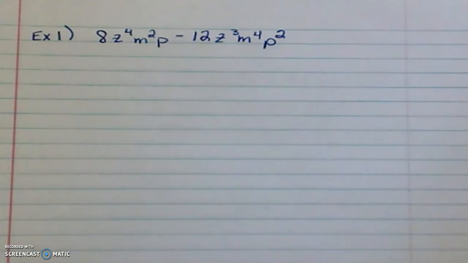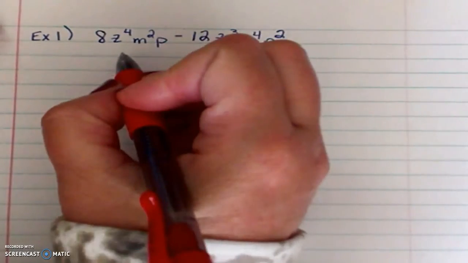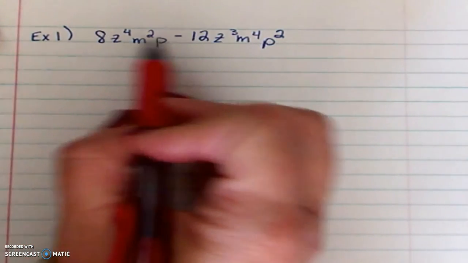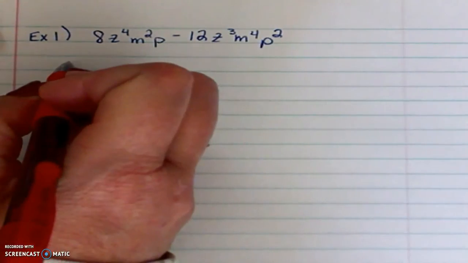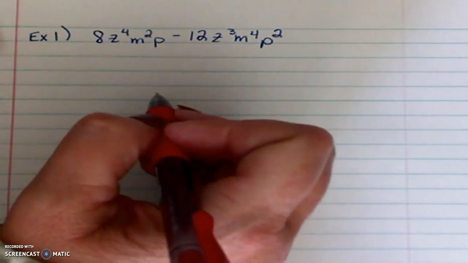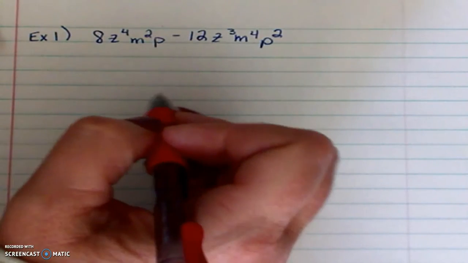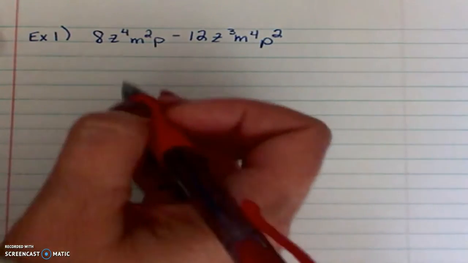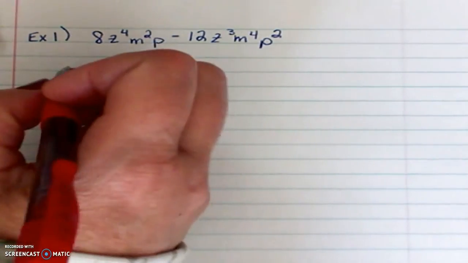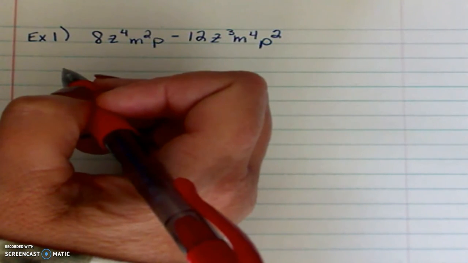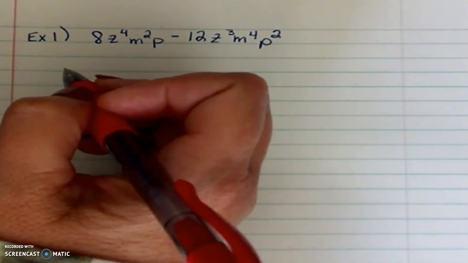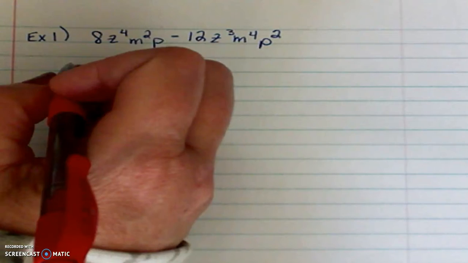Okay, so if we look at this example and I want to figure out the greatest common factor, some of you are going to be able to say the greatest common factor between 8 and 12 is 4. But others of you aren't going to be able to see that. So we're going to expand this out, and eventually you won't have to expand it out. You will be able to just find it without doing that, because you're going to catch on: it is the smallest exponent as long as it occurs in every single term.